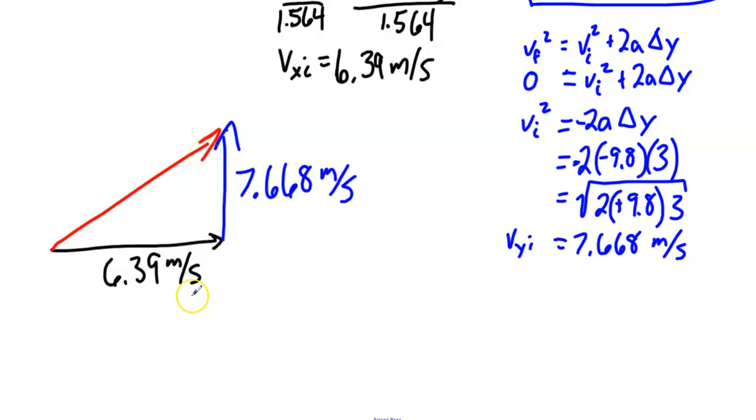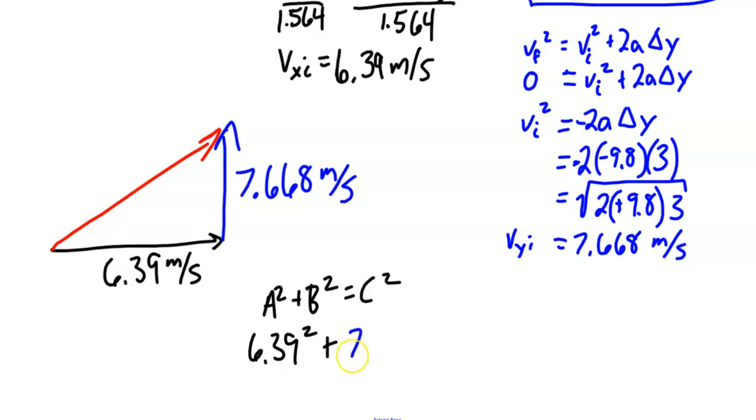So we're going to do the Pythagorean theorem. A squared plus b squared equals c squared. So 6.39 squared plus 7.668 squared equals c squared, square root everything.